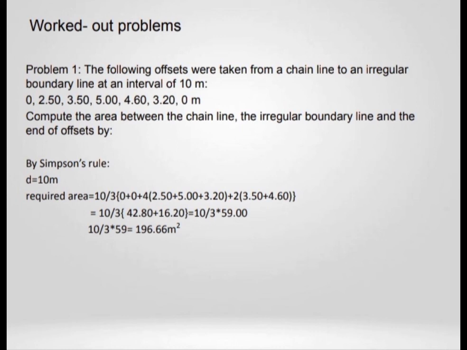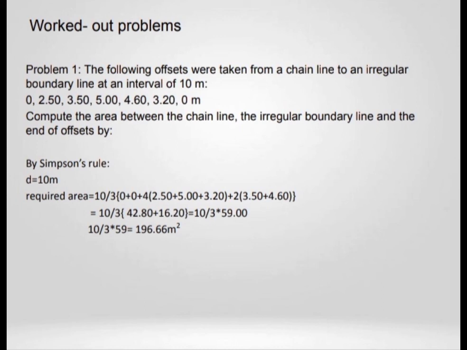So it is equal to 10 over 3, open parenthesis, 42.80 plus 16.20, close parenthesis, which is equal to 10 over 3 times 59. So the total is 59. We have already the result, which is 59.00.